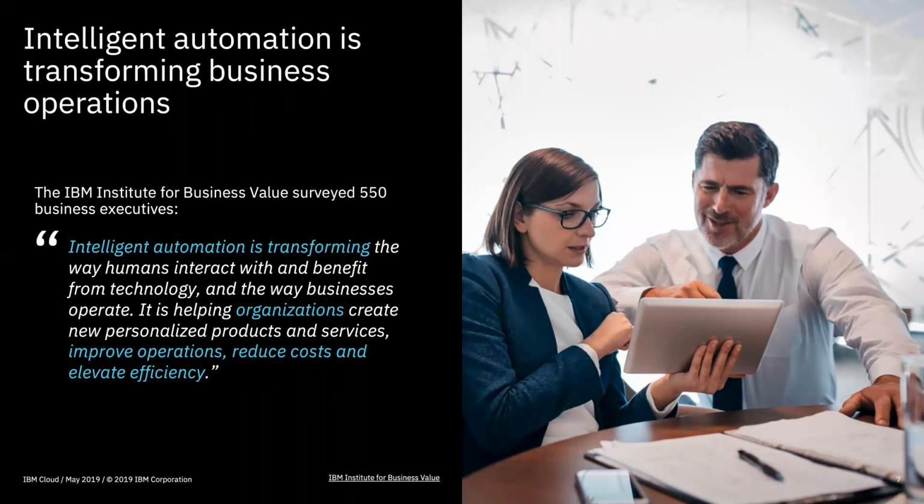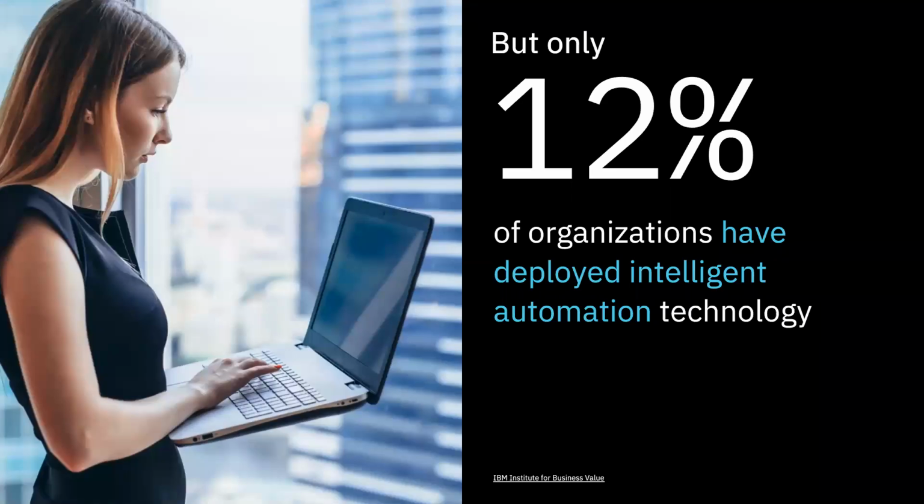Now, of course, everyone wants that. But if you look at who is currently doing it, in the recent study that we did with the IBM Institute for Business Value, where we go and speak to CXOs every single year and check their strategic agenda, we are not even reaching the Pareto rule, right? We are still closer to 10% rather than even 20%, while the technologies have been there for quite a while.